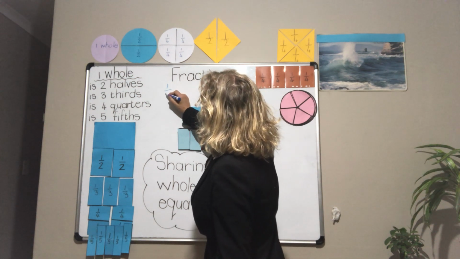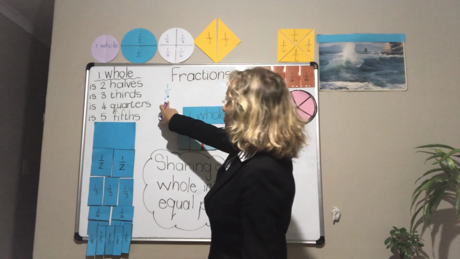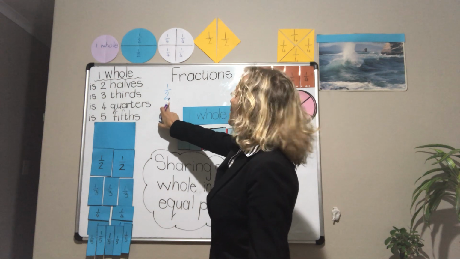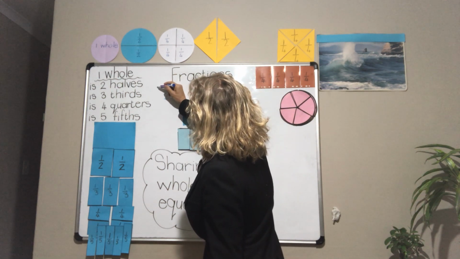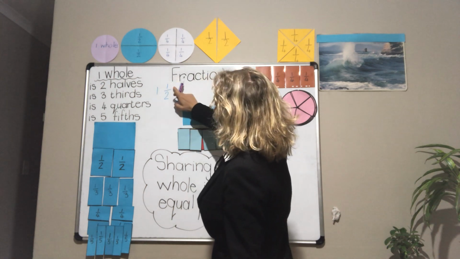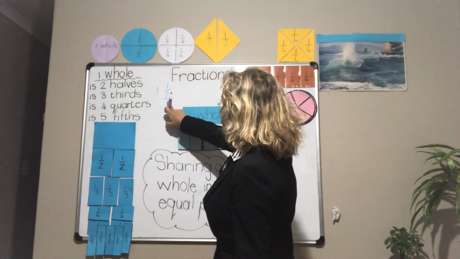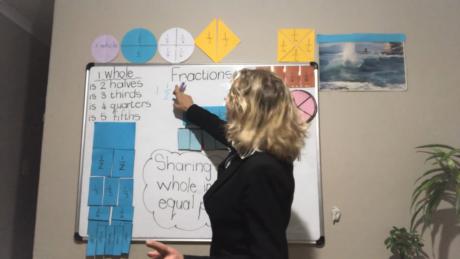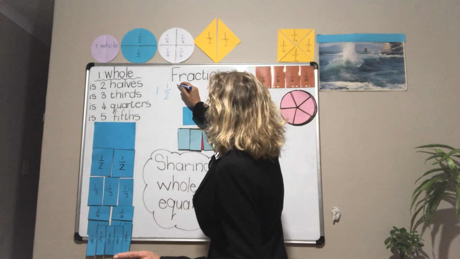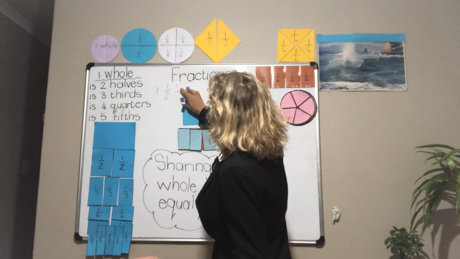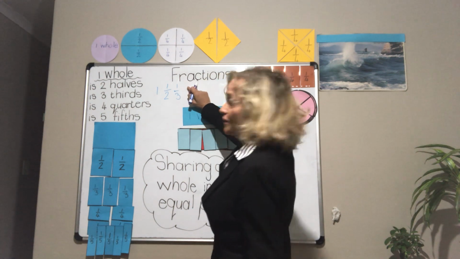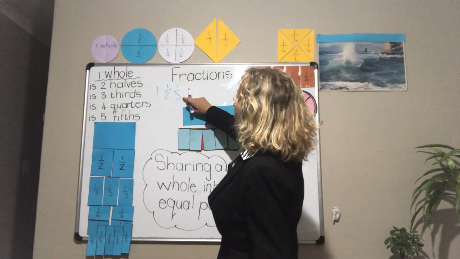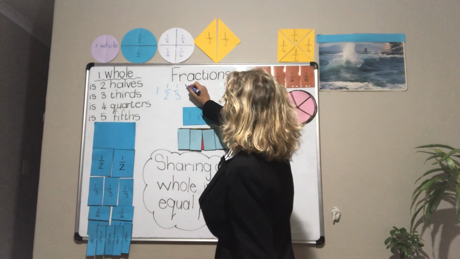This is a half. So that 2 means a whole would be 1, right? That is a half. The 2 means 1 of 2 equal parts. There's your third, right? A third means 1 of 3 equal parts.